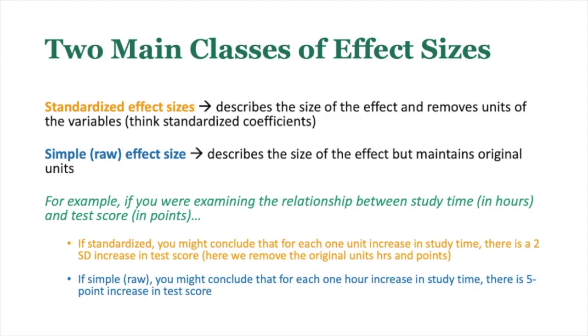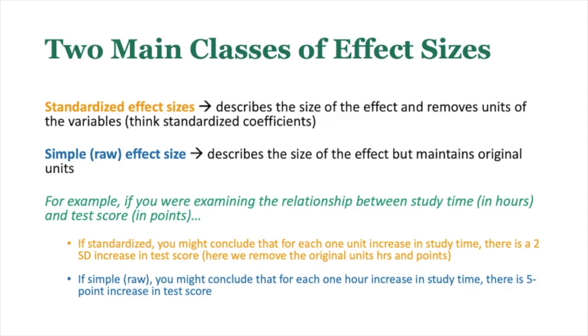So we have standardized and simple or raw effect size. The standardized effect size describes the size of the effect and removes units from the variables. So you can think of standardized coefficients that we've used in this class. Cohen's d is a standardized effect size.